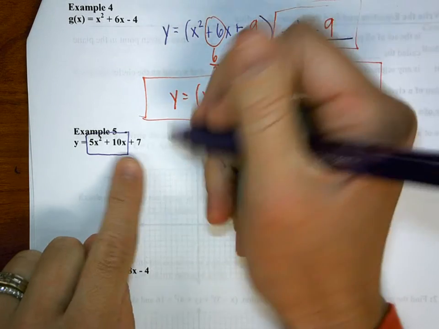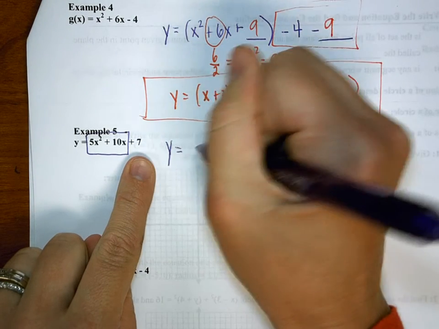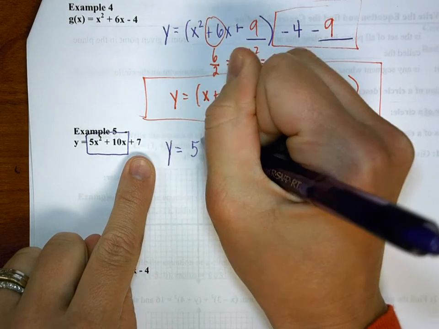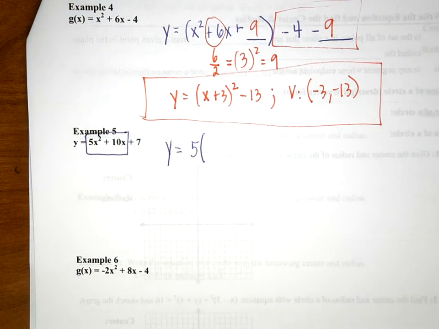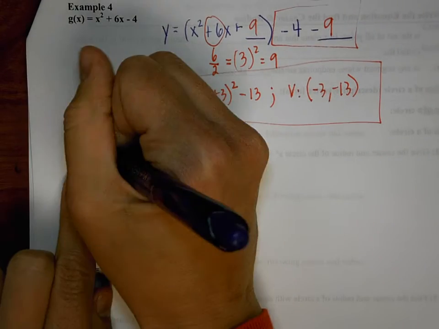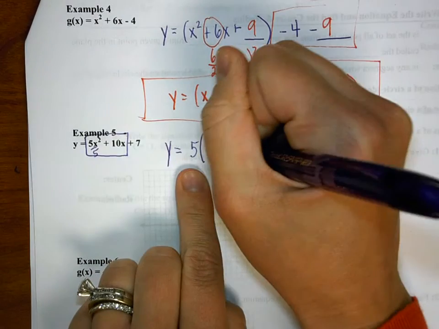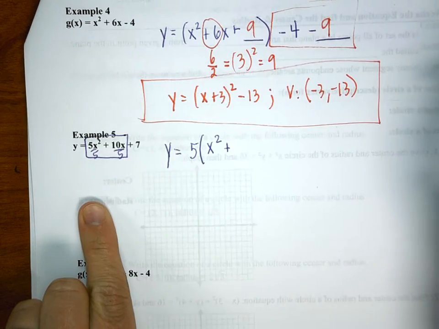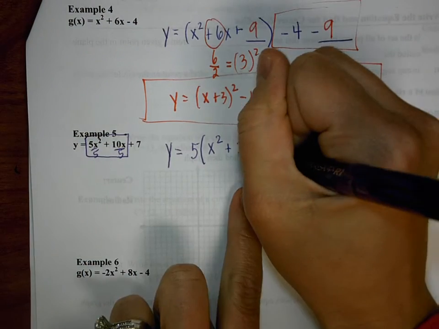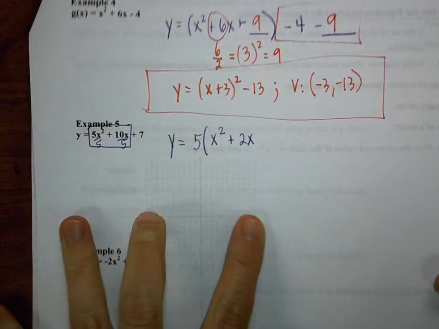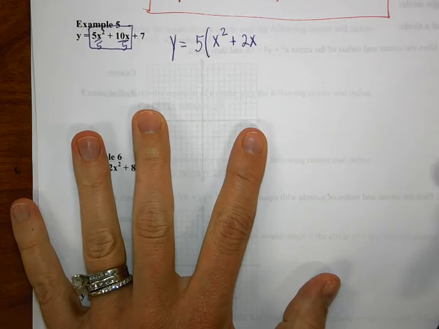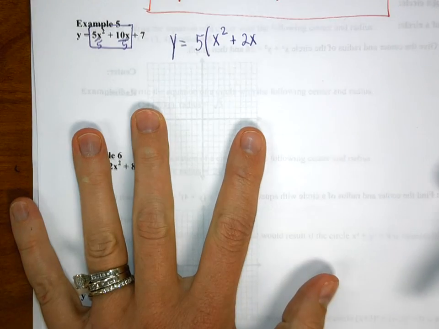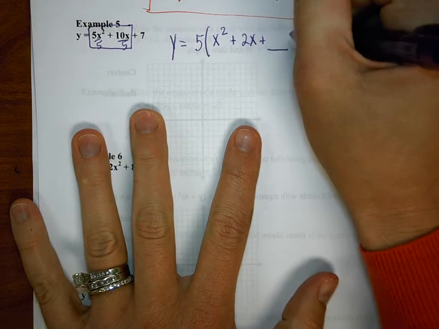Yes. So we're going to go y equals, and I'm going to take out the 5. So we have 5 and then parenthesis. When I divide this by 5, that makes x squared plus, and this divided by 5 makes 2x. And then we're going to continue the same way, and what will I write next? Plus a blank, close my parenthesis.